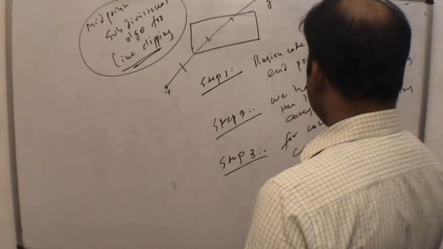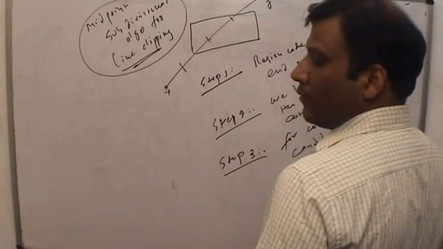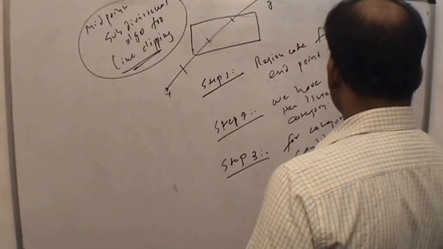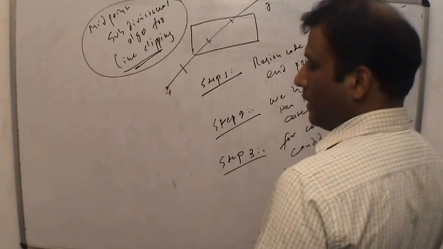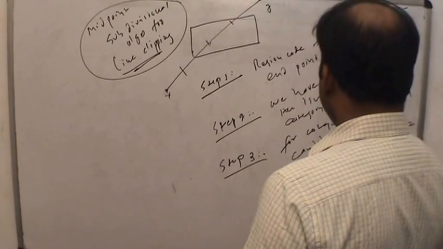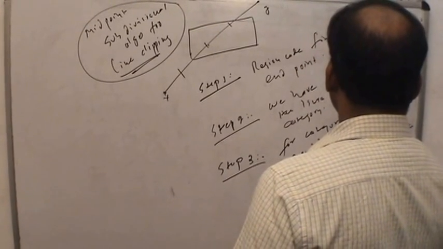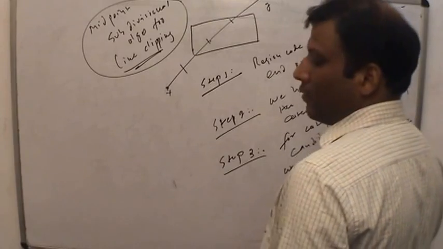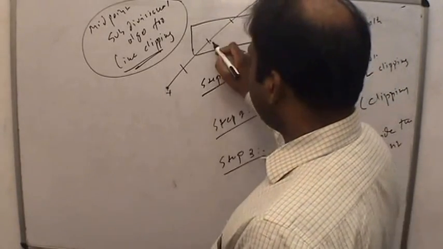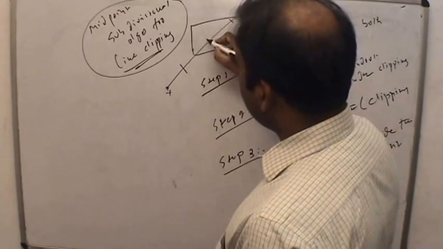Then we have to subdivide the line at the midpoint. Now we have to subdivide the line at the midpoint like this.